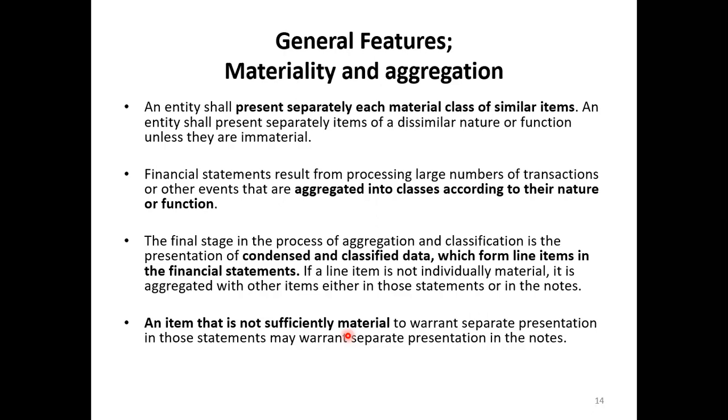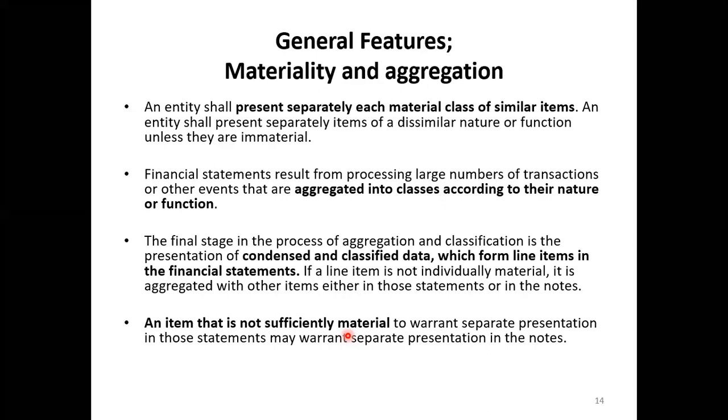Rather, we can find the total figure, the final figure, because of aggregation: total, grouped, categorized. The final stage in the process of aggregation and classification is the presentation of condensed and classified data, which form the line items in the financial statement.